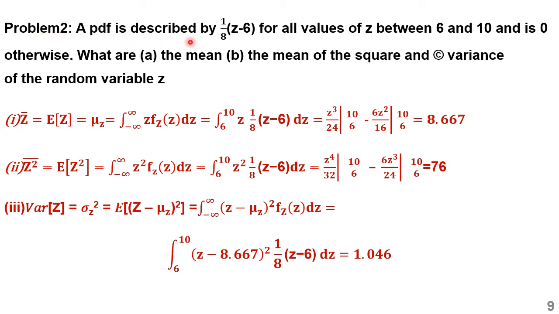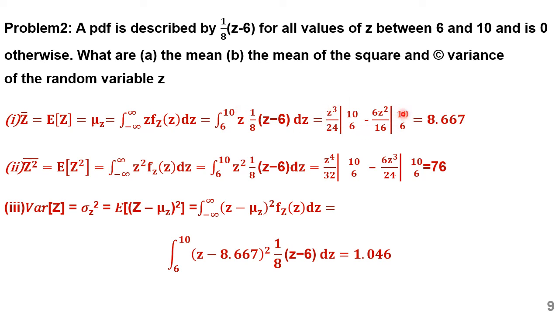We solve the second problem. A PDF is described by 1 by 8 (z minus 6) for all values of z between 6 and 10 and is 0 otherwise. What are the mean, mean square and variance of the random variable z? First, let us find the expectation of z, E of z. It is the integral of z times 1 by 8 (z minus 6) dz between the interval 6 to 10.